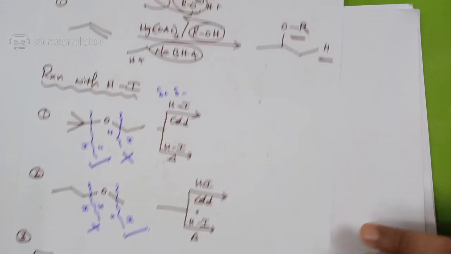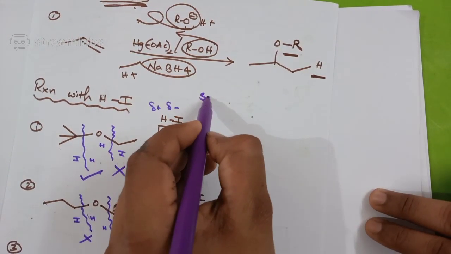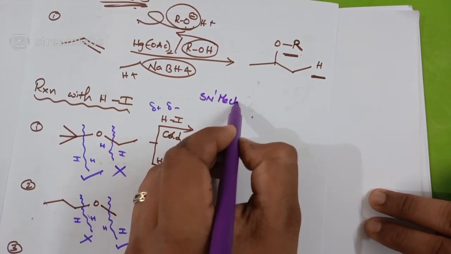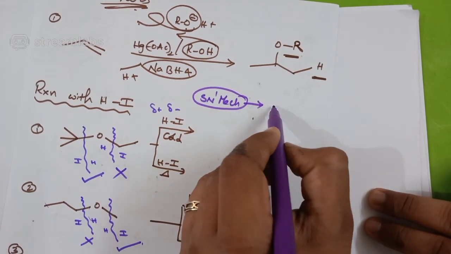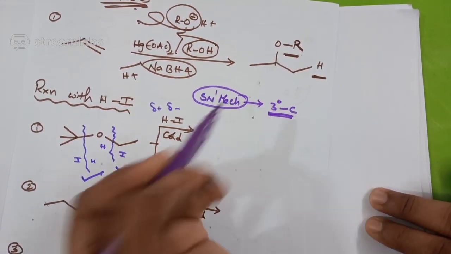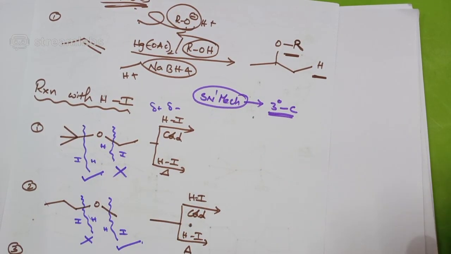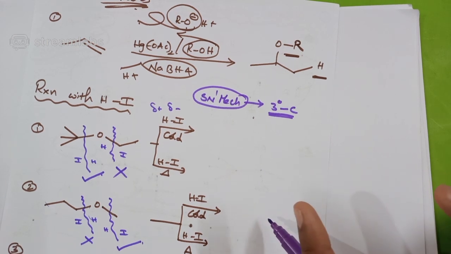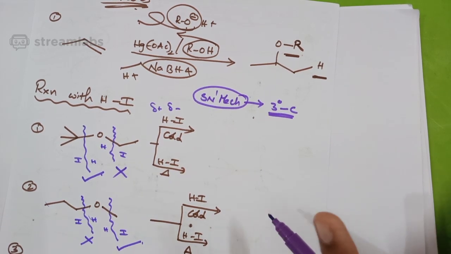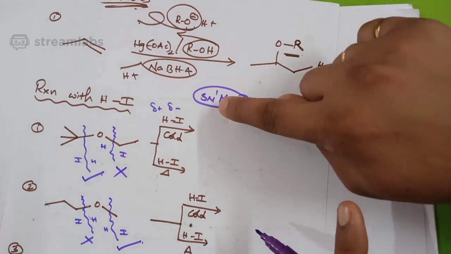The point is, if the given ether has any side, either left or right, any tertiary carbon anywhere, it follows the SN1 mechanism.